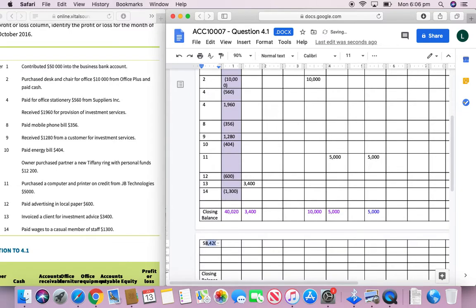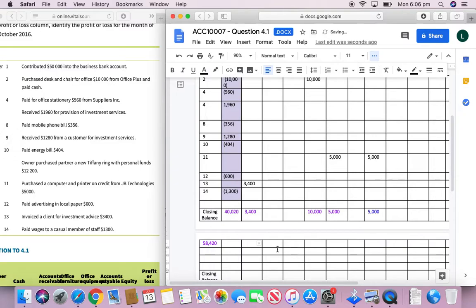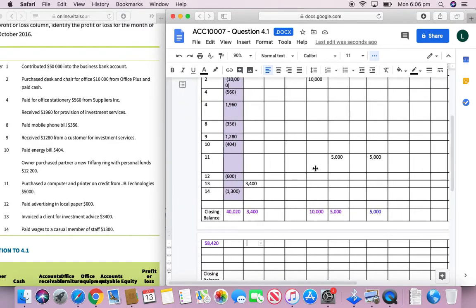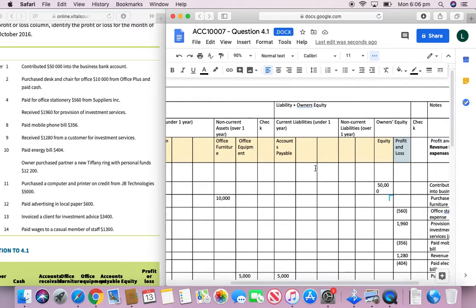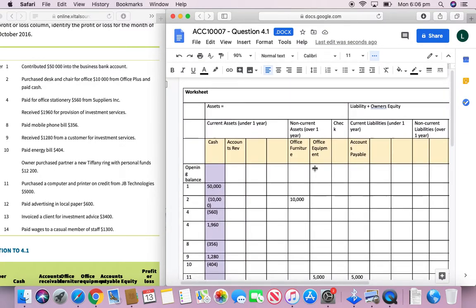So we'll highlight that purple. So we can see that 58,420, our working sheet reconciles. Wonderful. We've done a great job here. So everything works, and that's how you do it. That's how you complete this working sheet.